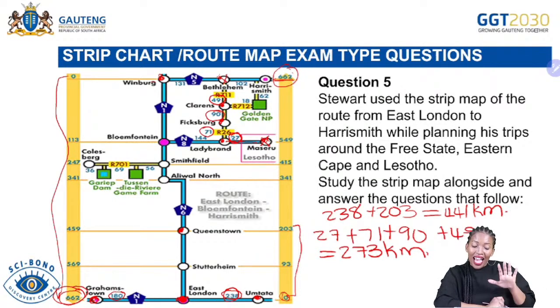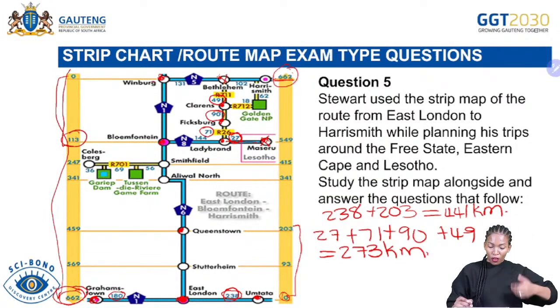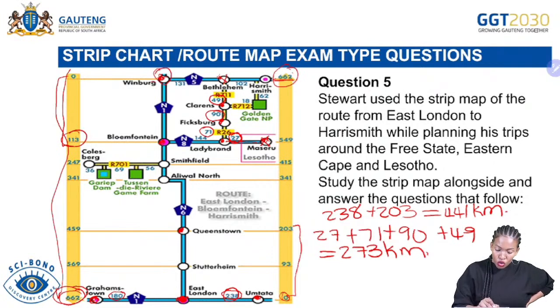The distances are given to you. If you want the distance from Wynberg to Bloemfontein, the distance is 113 kilometers. If you want the distance from Wynberg to Gariep Dam, let's say to Gariep, this is Gariep Dam. So you'll say, okay, from Wynberg to Smithfield, the distance is 247. This is from Wynberg to Smithfield.